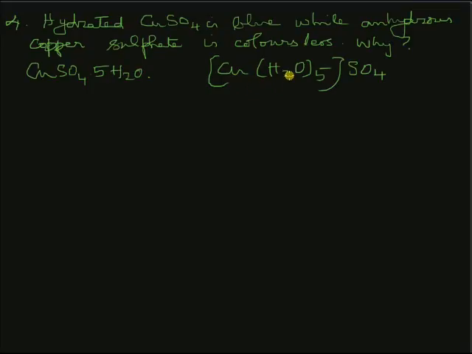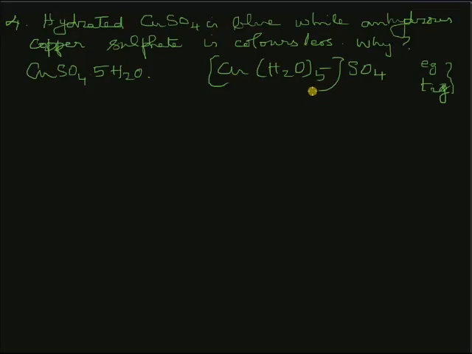Now these water ligands split the d orbitals of the copper ion into 2 sets of t2g and eg orbitals, having a difference in energy, and electrons can be excited from the lower level to the higher level by absorbing energy from the visible region.